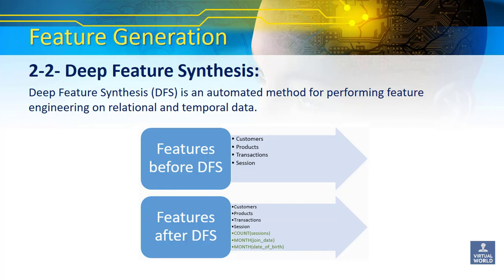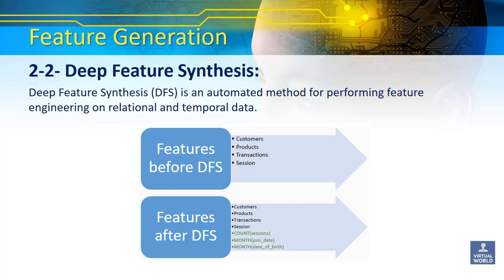Typically, without automatic feature engineering, a data scientist would write code to aggregate data for a customer and apply different statistical functions, resulting in features quantifying the customer behavior. In this example, an expert might be interested in features such as total number of sessions or month the customer signed up.